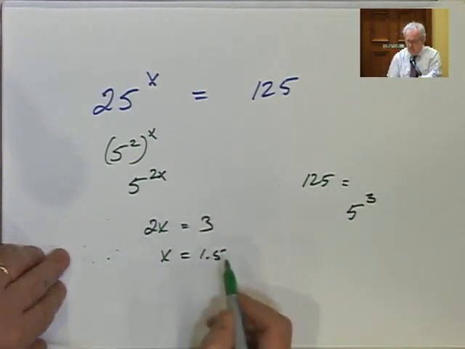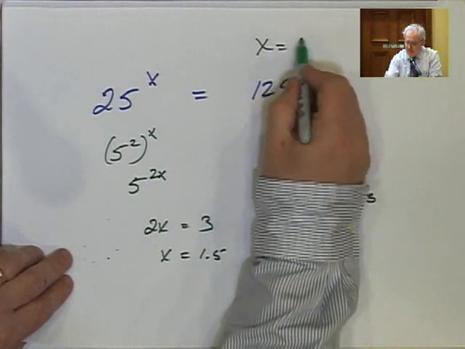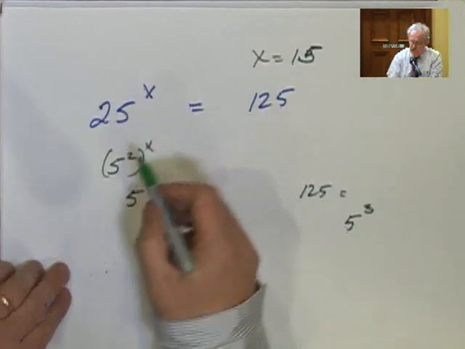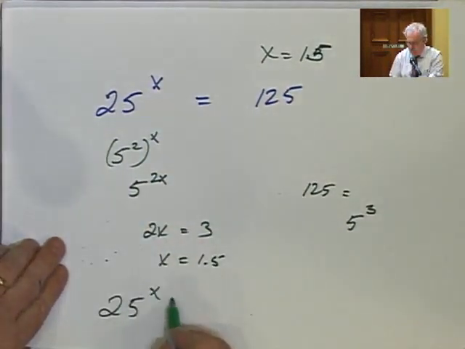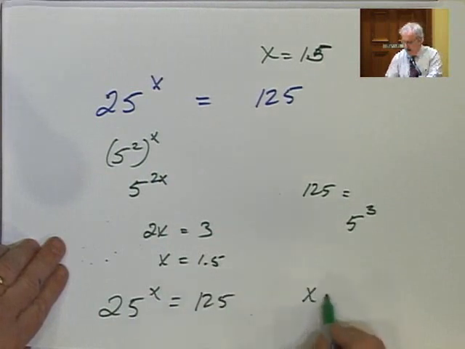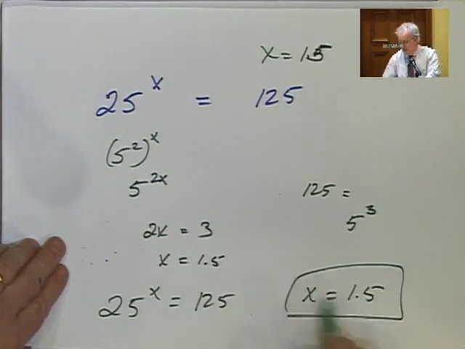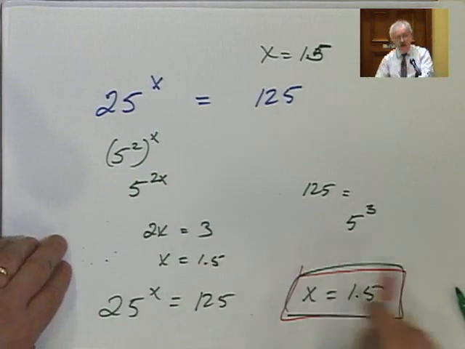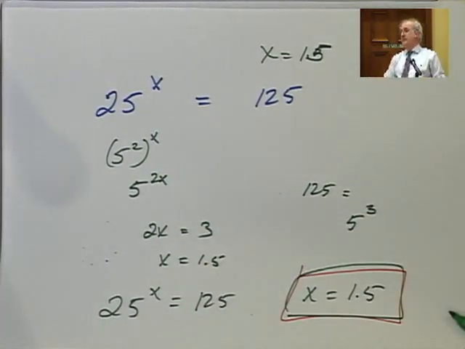X is 1.5. Basically, the answer is x is 1.5. So 25 to the x is 125 when x is 1.5. Now, you're meant to know that and spot that in your head. I find that tricky enough. I find that subtle enough.